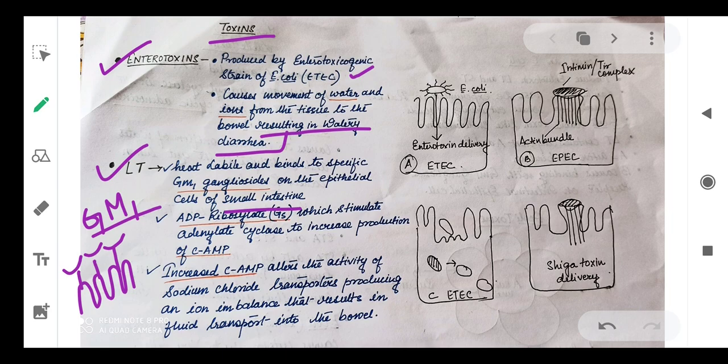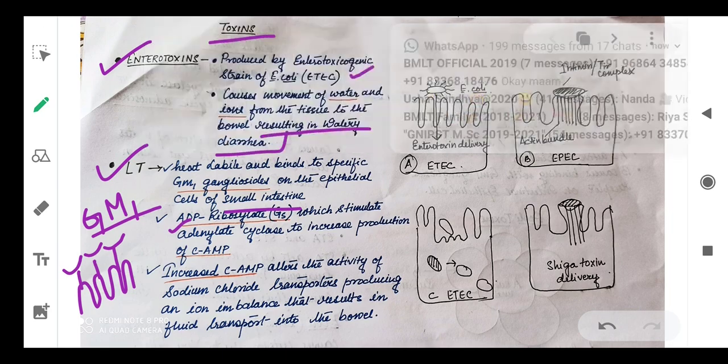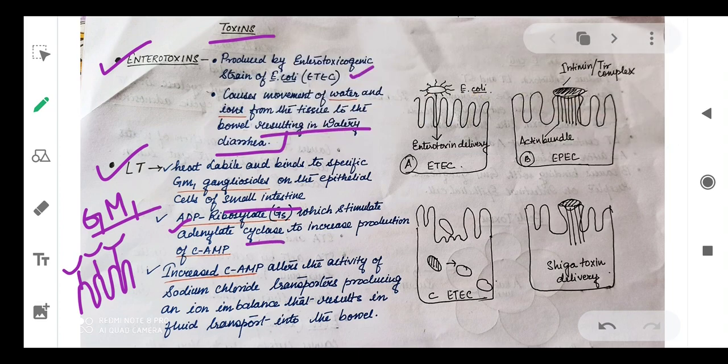So they activate ADP ribosylate, which stimulates an enzyme, that is your adenylate cyclase, to increase production of cyclic adenosine monophosphate. So this will activate adenylate cyclase, which will convert ATP to cyclic AMP. So cyclic AMP production will increase.